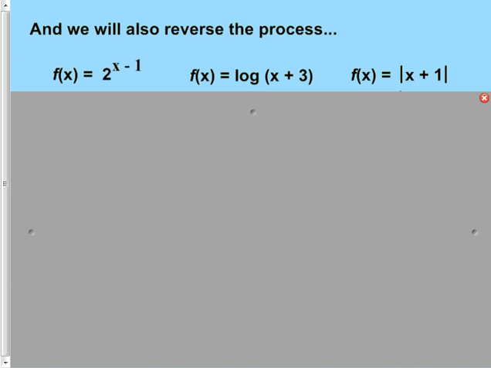Okay, we'll also reverse the procedure for reading the equations and then understanding what is going to happen to the graph. So let's look at the upper left-hand equation there. Okay, what type of a function is this? This is exponential. We should expect the graph to come along the x-axis in the second quadrant, cross the y-axis, and then bend into the first quadrant and head off to positive infinity on the y-axis.